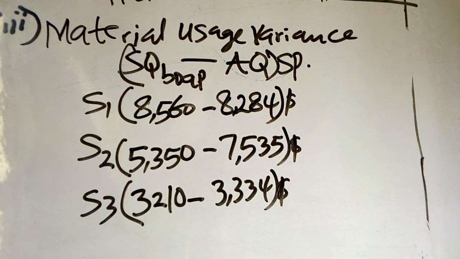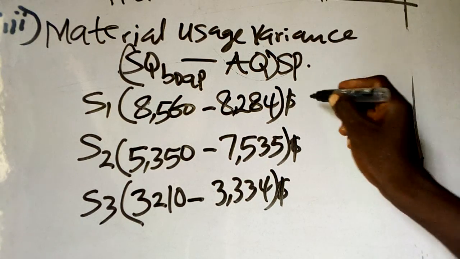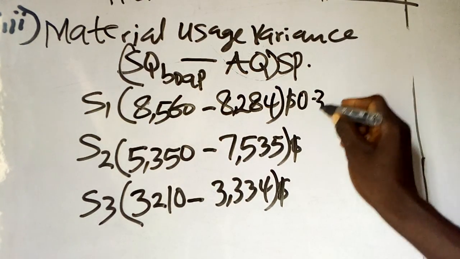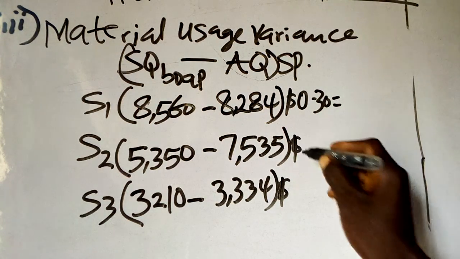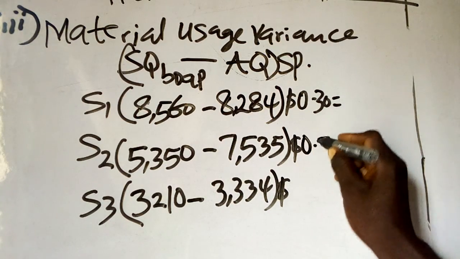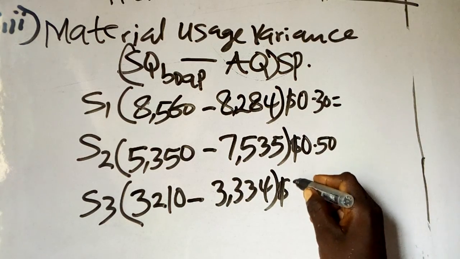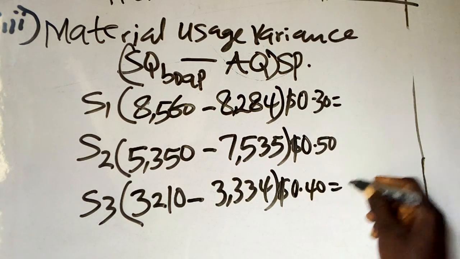The standard price of S1 is 0.3, that of S2 is 0.5, and that of S3 is 0.40.